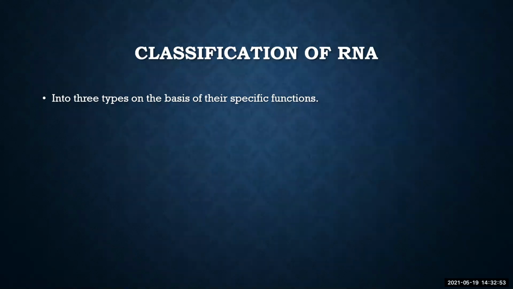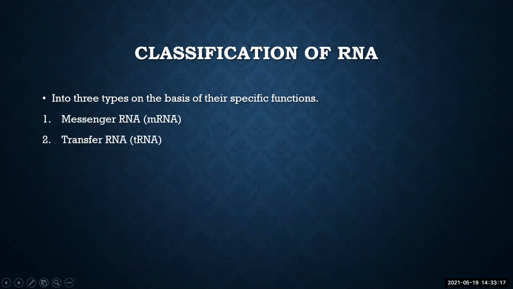But this one large function can be divided into three different parts, carried out by different types of RNA. So based on that specific functionality, they can be classified into three types. One is called messenger RNA or mRNA, two transfer RNA or tRNA, and three ribosomal RNA or rRNA.